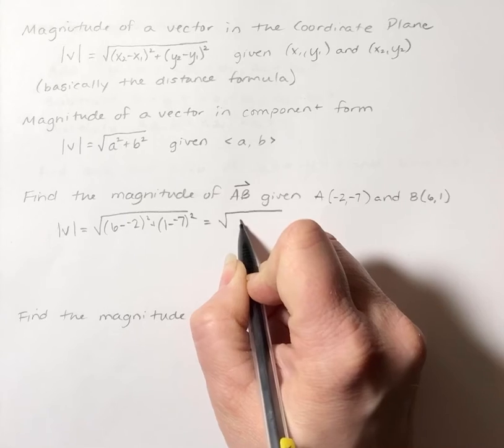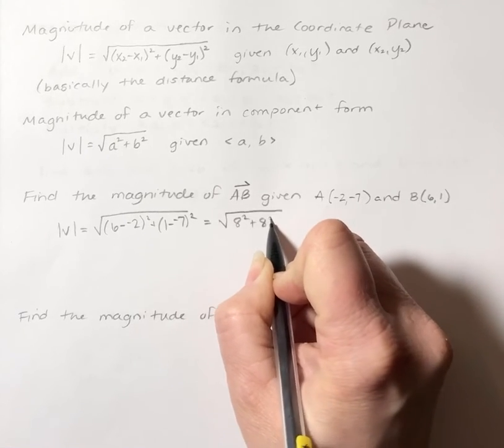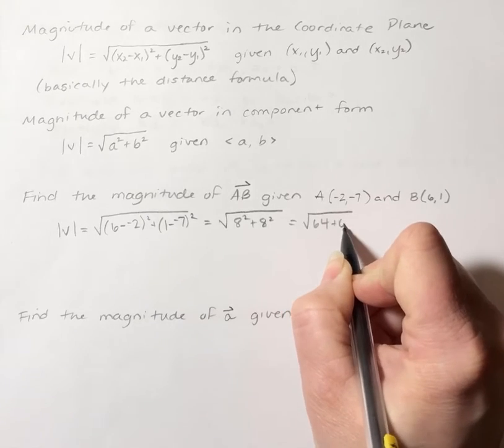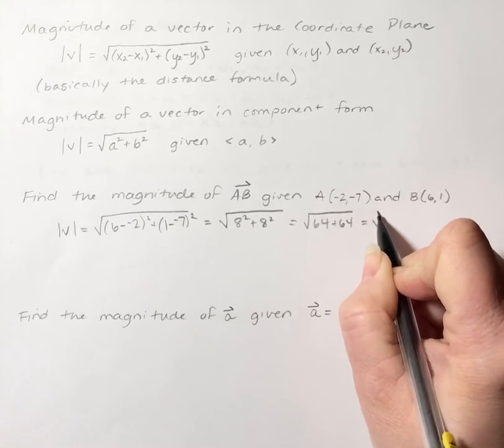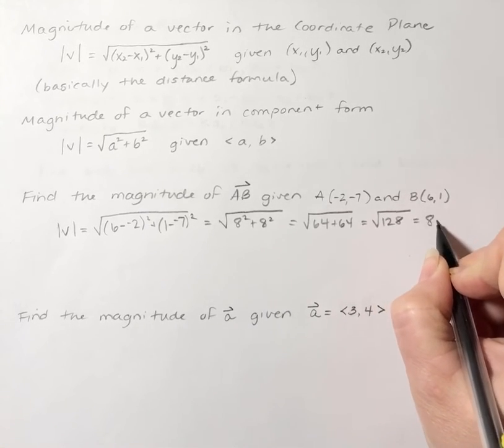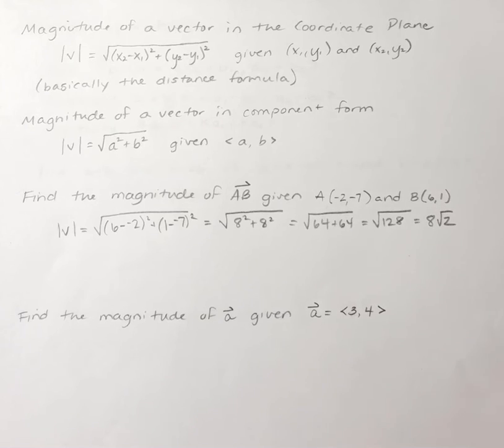So I have the square root of 8 squared plus 8 squared, or 64 plus 64, or the square root of 128. 128 has a perfect square factor of 64, and so I get 8 square roots of 2.